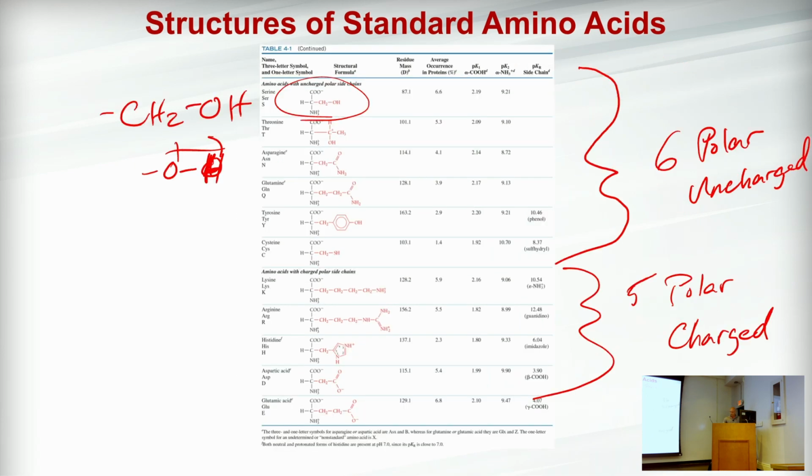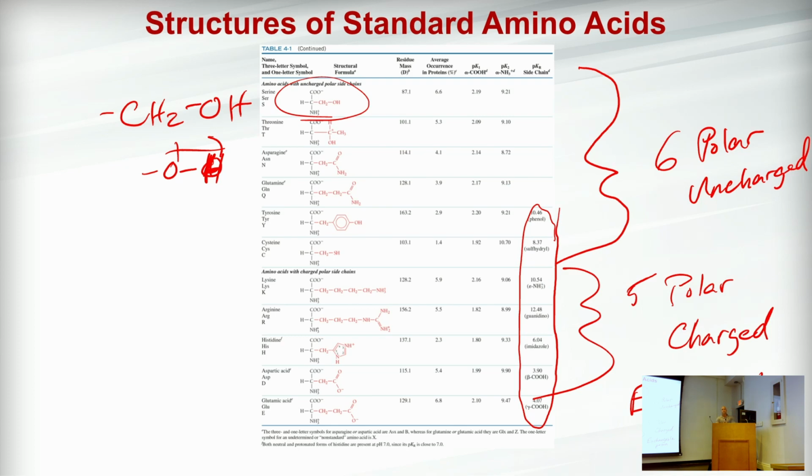And then when we come over, you start having side chains that can be protonated. They can donate a proton, or they can take a proton from maybe a substrate, right? So these are the ones that have exchangeable protons or hydrogens, right? So you can take a proton off, or you can add a proton, then it becomes charged, right?